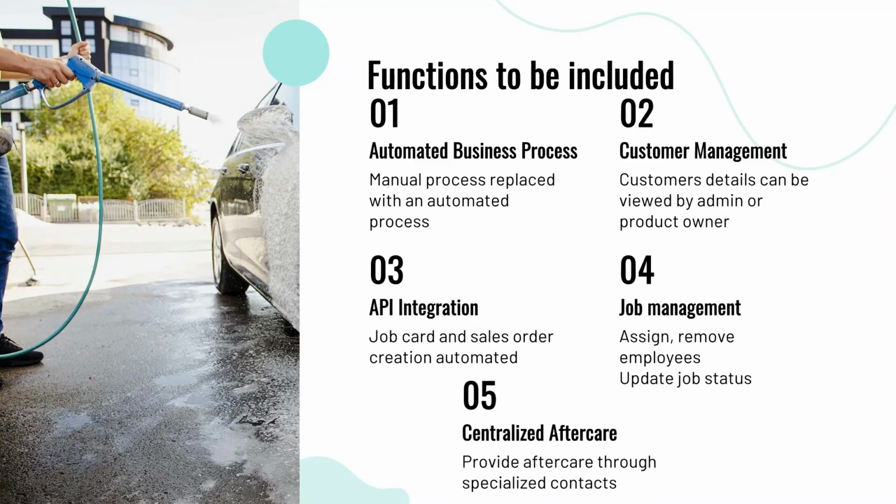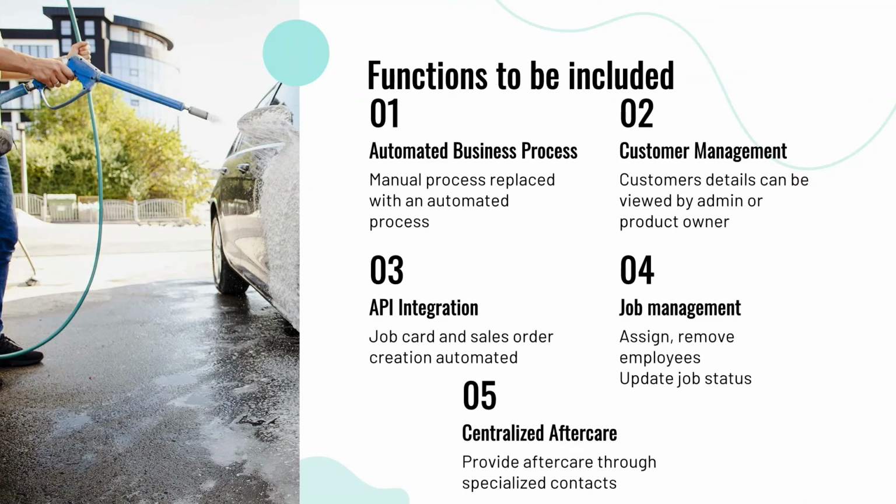So my findings include the functions to be included. The first one is automated business process, which replaces all the manual processes with an automated process. The next is customer management, which means that the customer details can be viewed by the admin or product owner.